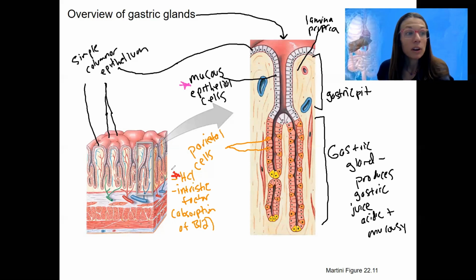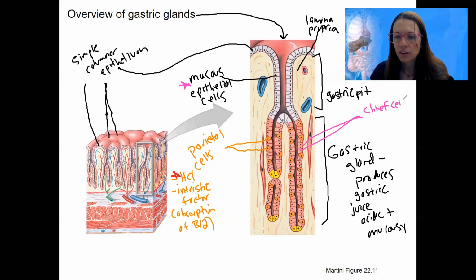Okay, then we've got chief cells. We'll do that next. The pink ones all along this gland, pinkish, salmon colored. These are chief cells. They are going to secrete pepsinogen.